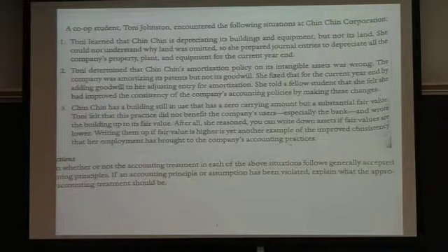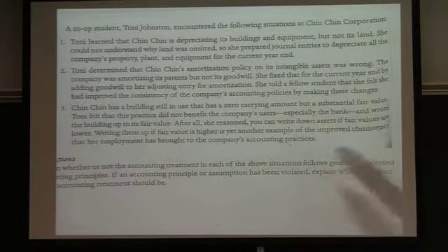Maybe there are multiple buildings, but it's only the one building that has a zero carrying value that Tony wants to write up. So the revaluation model requires that the entire category of buildings must be revalued at fair value. So there is support for what Tony has done, but there are several conditions.